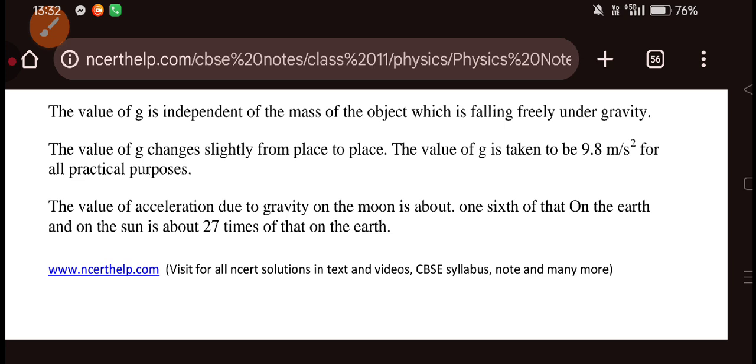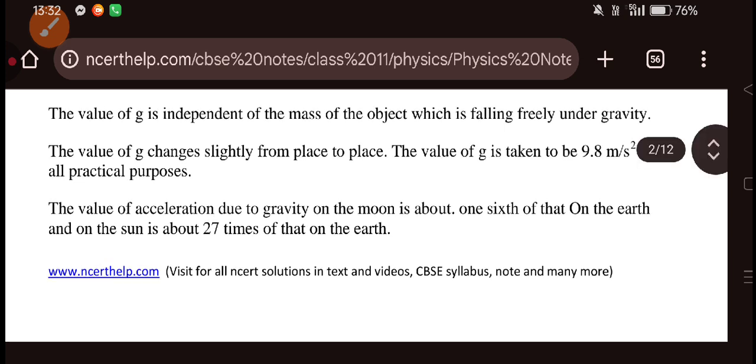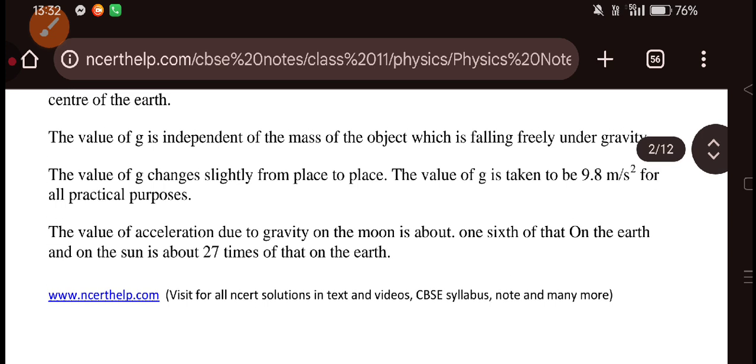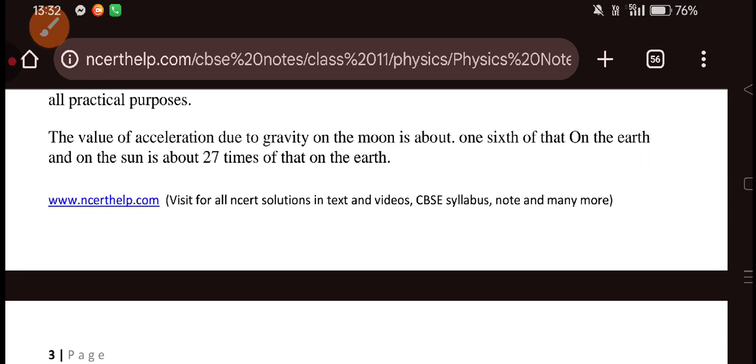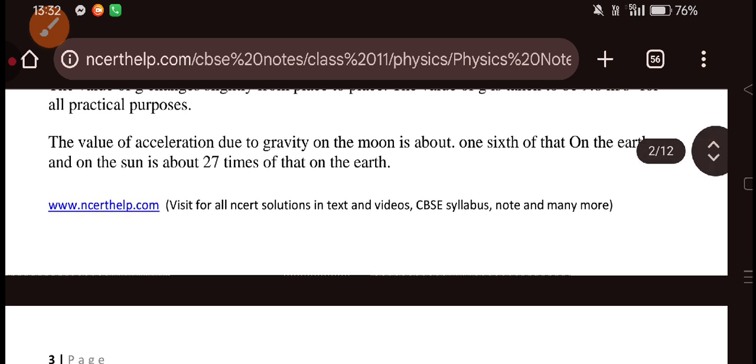The value of g is taken to be 9.8 meter per second squared for all practical purposes. This is the exact value at the surface of the earth. The value of acceleration due to gravity on the moon is about 1/6 of that on the earth, and on the sun it is about 27 times that on the earth.